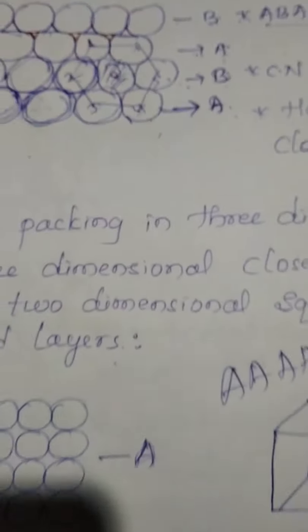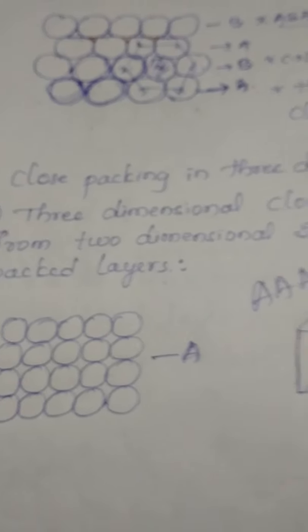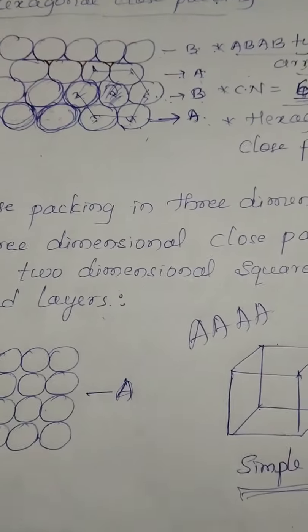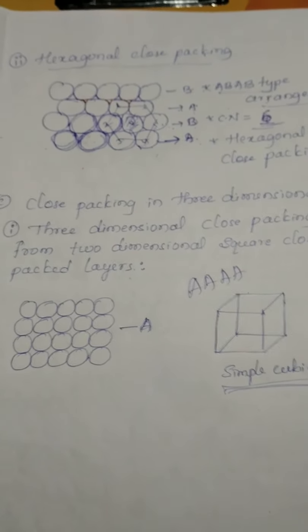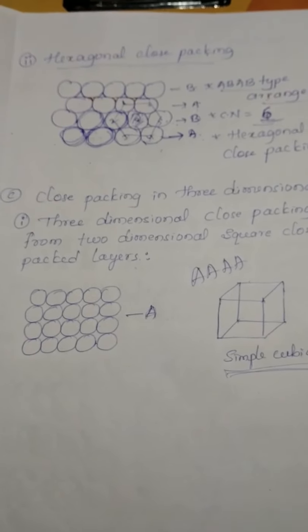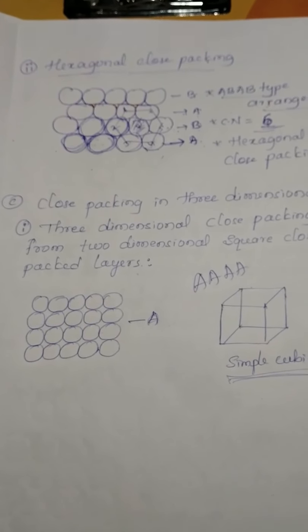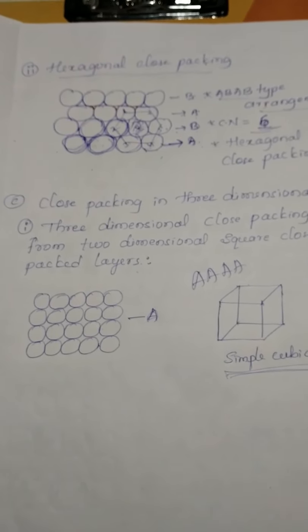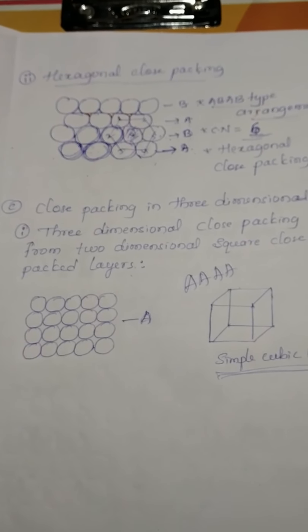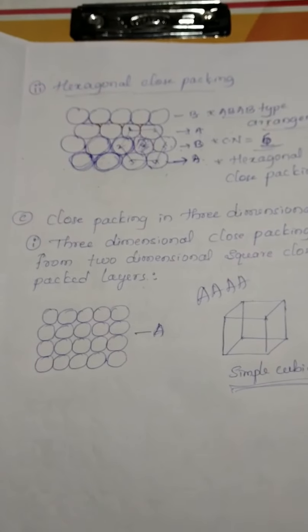Okay, next is close packing in three dimensions. Here also there are two possibilities, same as in the two-dimensional structure. In two-dimensional close packing also there are two possibilities: one is square close packing, another is hexagonal close packing.